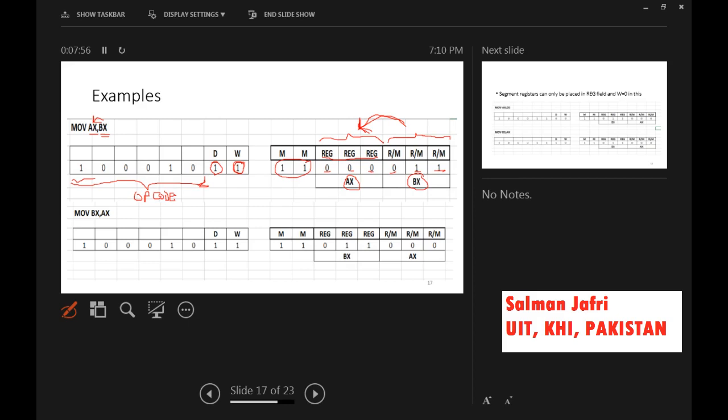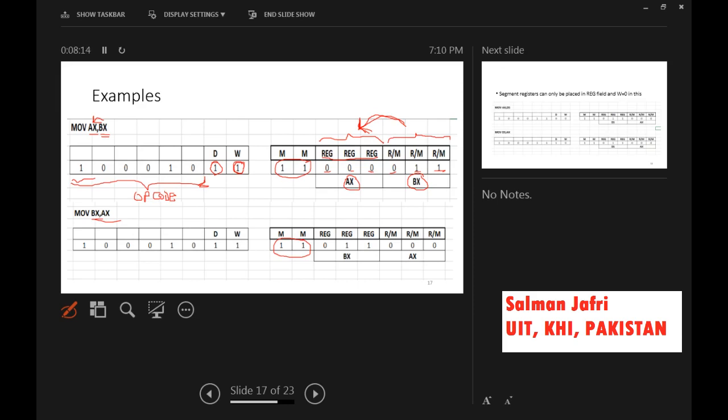BX. Similarly, we can look at move BX, AX. Again, it is register addressing mode. So MOD would both become 1. That is the first point. Now the left hand side register is BX.